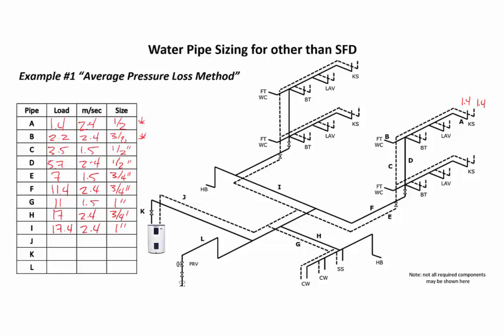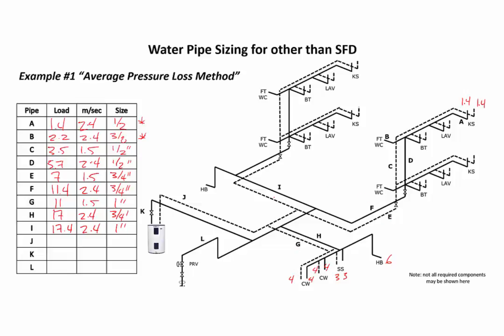Now J is the total hot leaving the tank. So for the hot, we've got 2 clothes washers, and all these public loads down here. Our clothes washers were 4 each. So 4 hot, 4 cold for the clothes washers. The service sink we said was 3. Of course our hose bib is 6. Fill in this other clothes washer. So for G, we said was 11. E was 7, which is the same on both sides.